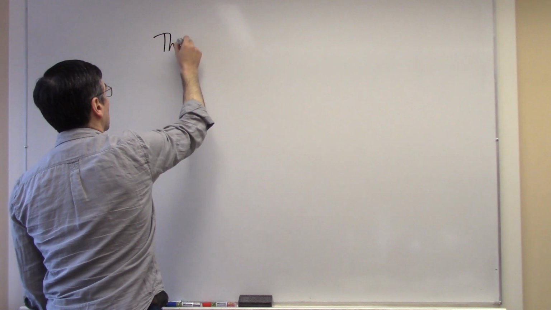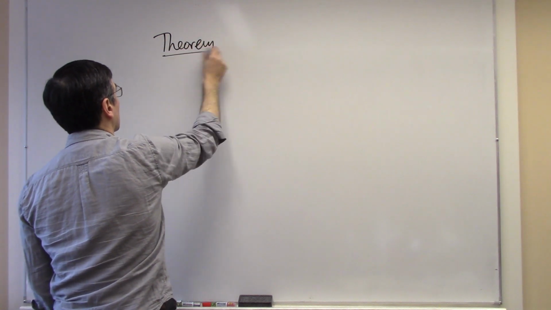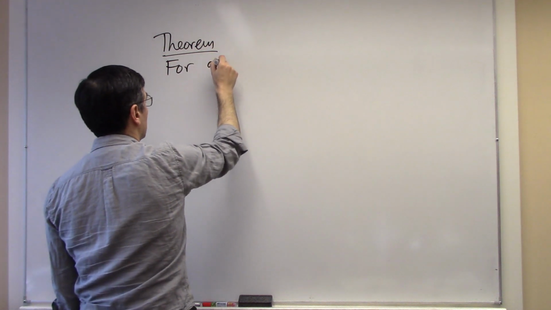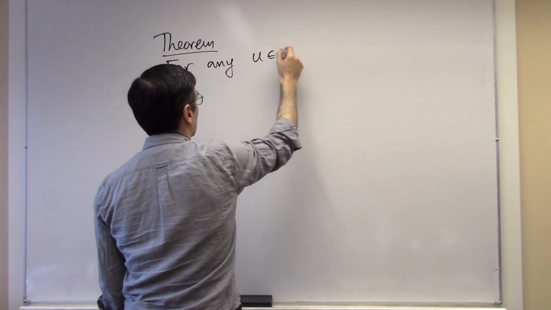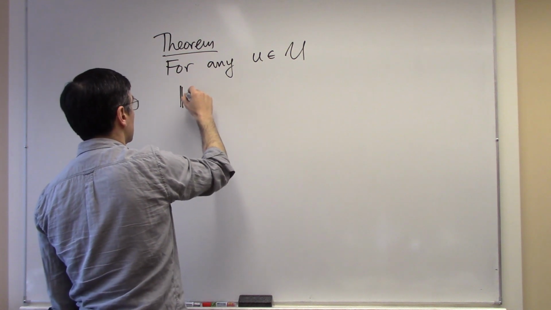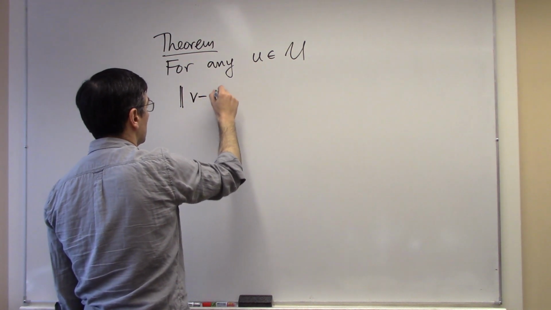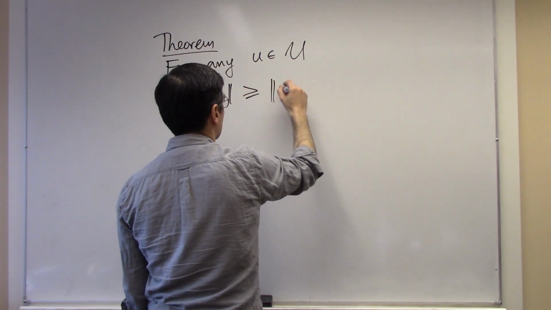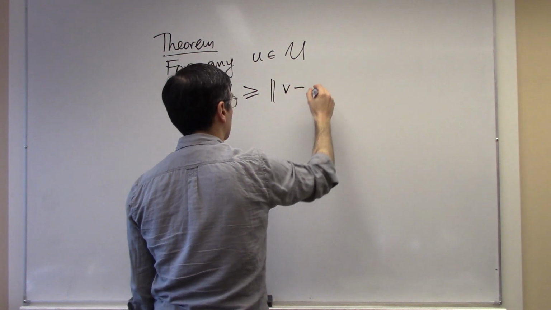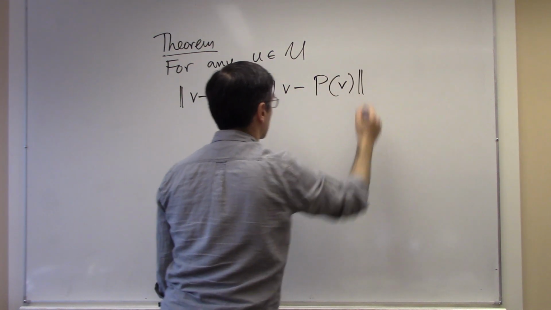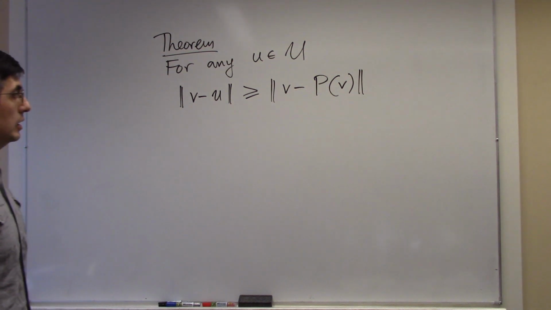Theorem. For any u in U, the distance between V and u is at least as large as the norm of V minus the orthogonal projection of V into U. Right?